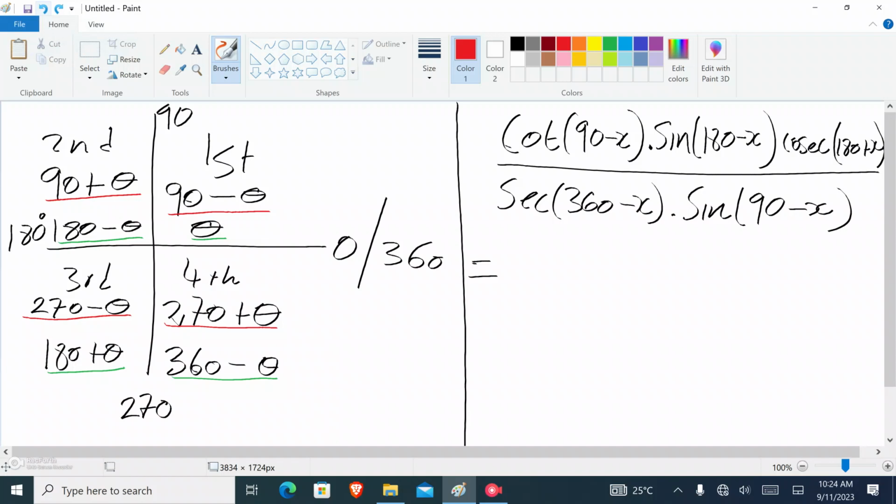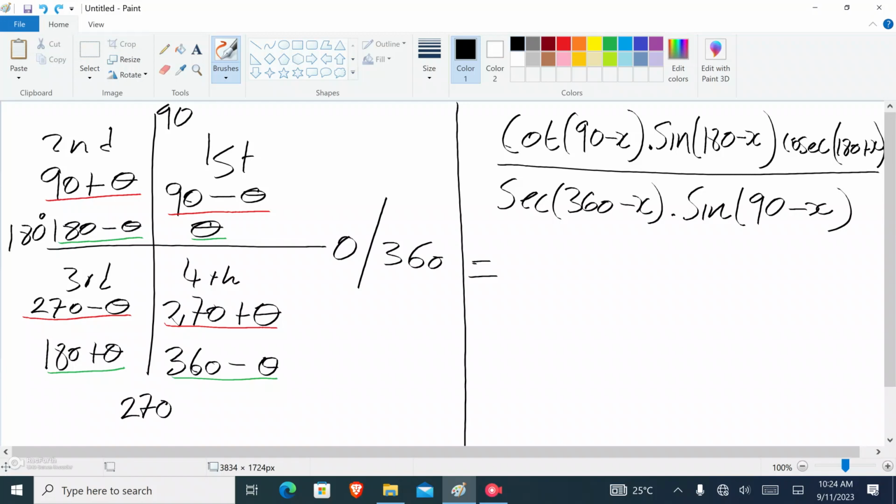Now, if you use the co-ratio, let's look at the quadrant. What is the quadrant whereby we have 90 minus x or theta? In this case, it is x, so it's the first quadrant. On the first quadrant, everything is positive.